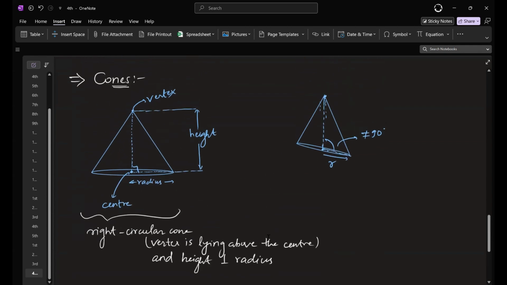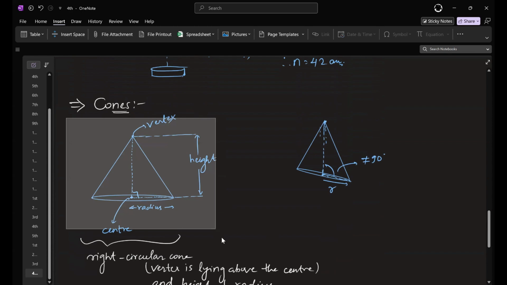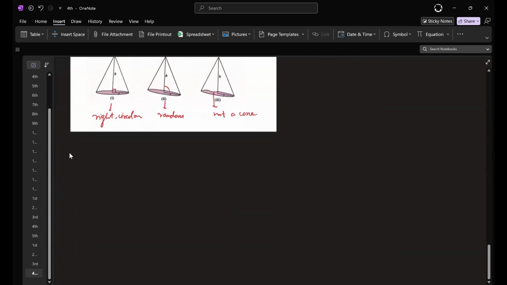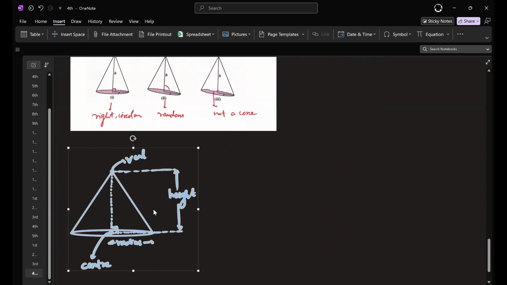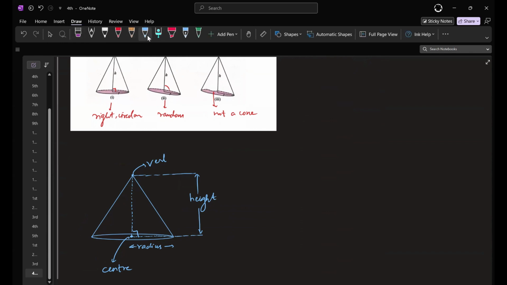Now, there is one more thing related to cones. We copy and paste this out. So vertex. Okay. There is one more parameter related to cones, which is this length.